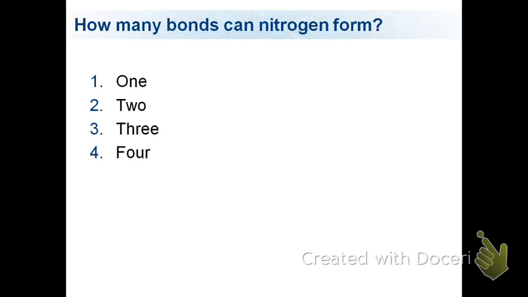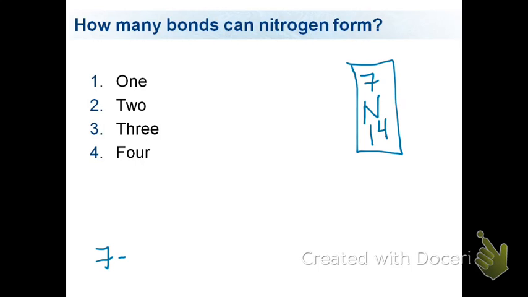So let's think about nitrogen. That is the periodic table entry for nitrogen. How many protons? 7. And how many electrons? 7. How many electrons do I put in the first shell? 2.